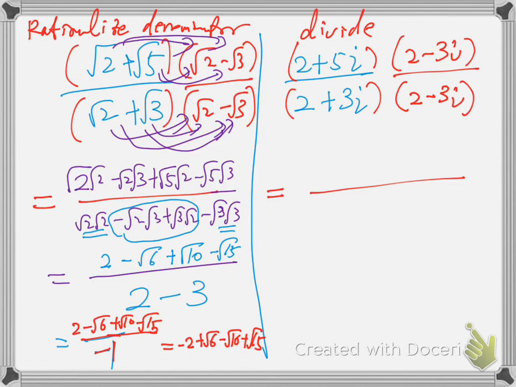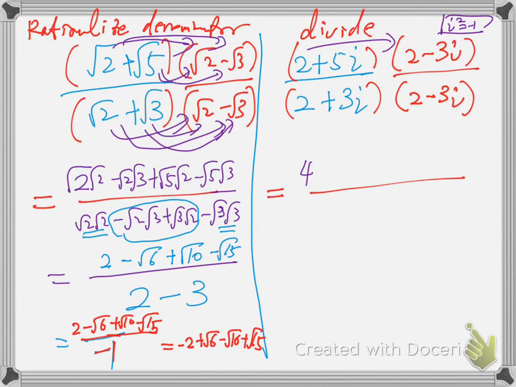For the conjugate complex number, we do the same thing, but you have to remember you need to change i squared to -1 in the next step. So let's keep it in the box. i squared is -1. 2 times 2, 4. And then 2 times -3i minus 6i, right?